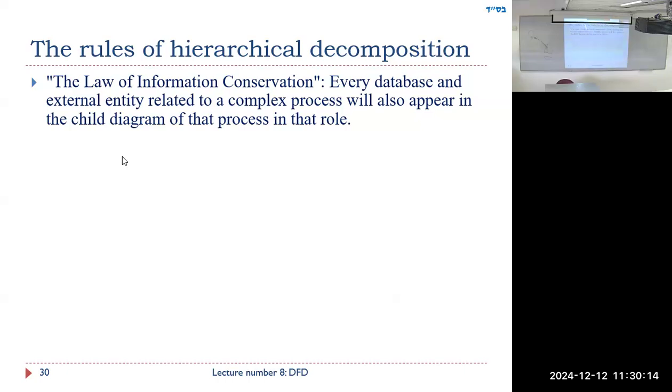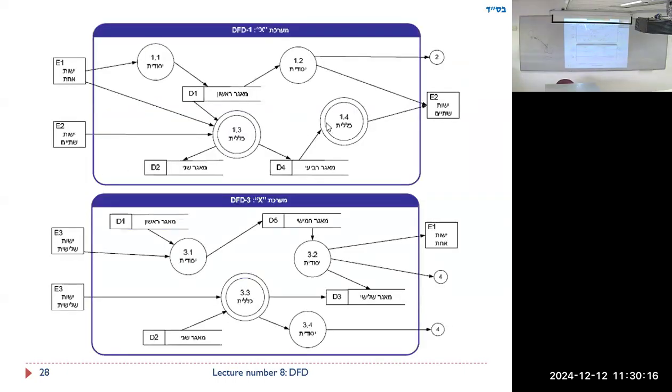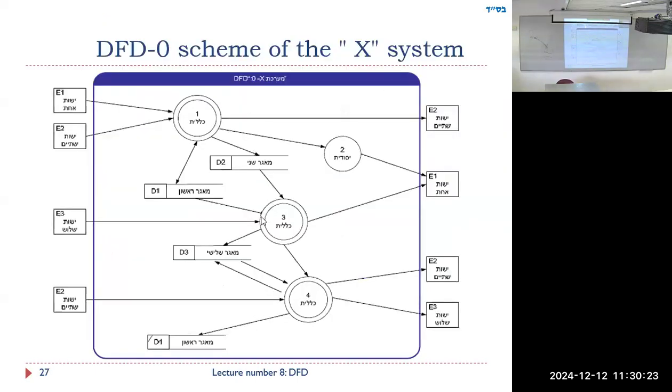In other words, if I had, for example, in 1, you see how in 1 it's using D1 and D2. You see where I am?